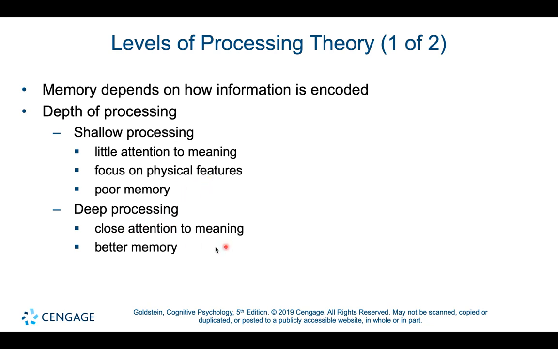Versus depth of processing, which would be repeating that information with the intent of applying meaning to it. 51823. So maybe you say, okay, 51 was my jersey number when I played Little League baseball, right? 51 823. Oh, 823 is my aunt's area code in Seattle or whatever, right?